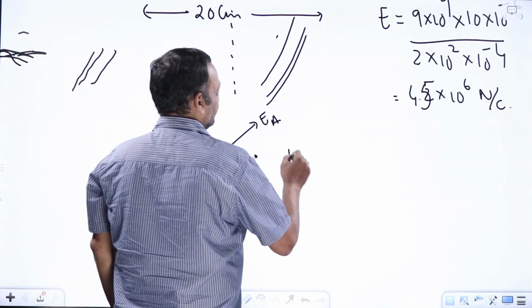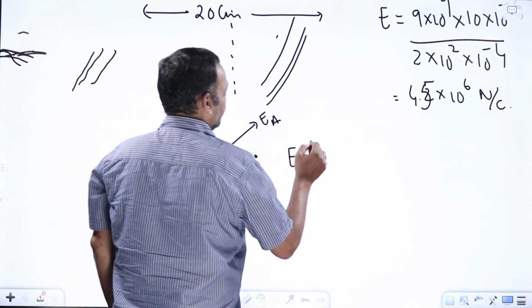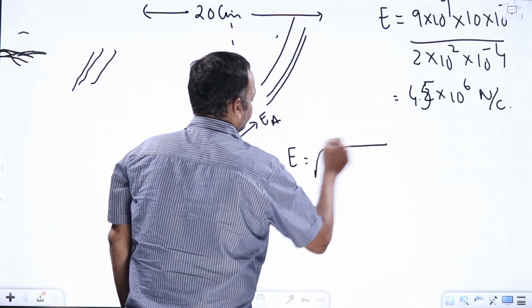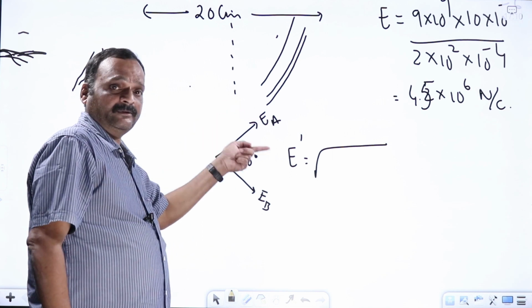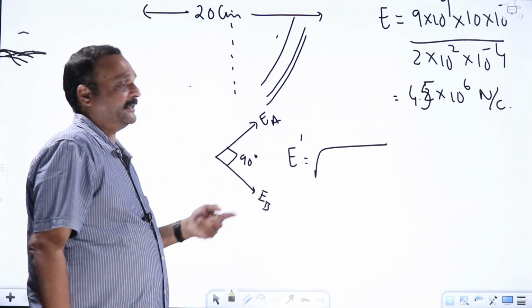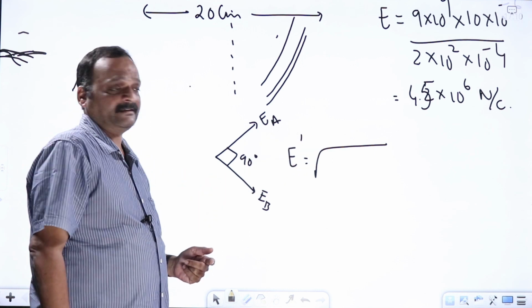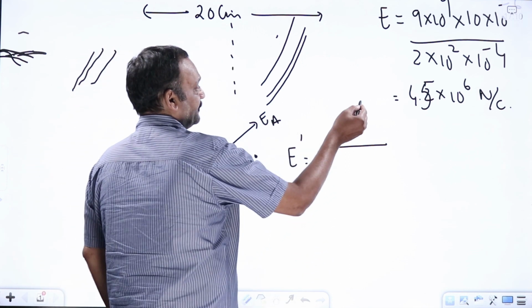So what is the resultant? EA equal to EB equal to E. So the resultant electric field E dash equals root of EA square plus EB square plus 2 EA EB cos theta. Cos 90 is 0, so it is simply EA square plus EB square.